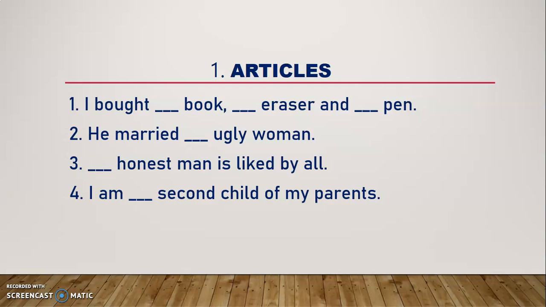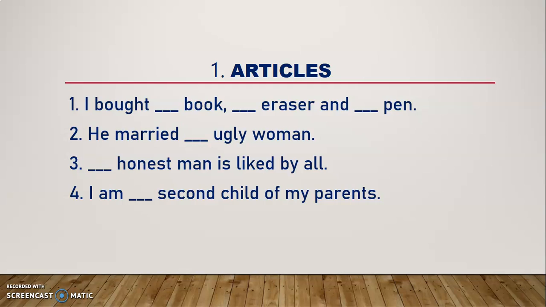Not only that, they give us a vowel sound. When the sound is a vowel sound, then only we will use an. Third one, honest man. The first letter is H, but the sound is O, honest. So we are using here, an honest man is liked by all.